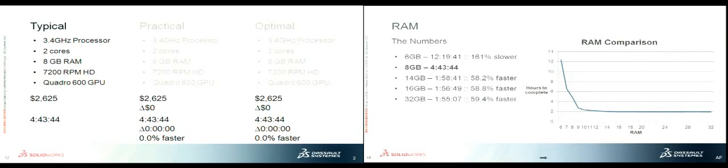Now, when we got to 14 and 16 gig, you can see 58% improvement, almost 59% with 16 gig. Actually, our sweet spot is probably somewhere around 14 gig, but who can buy 14 gig of RAM, right? You got to buy 16. Right? There's no, I don't think you can. So, but then the real trick here is going all the way to 32, you get another, what's the math? 0.6.